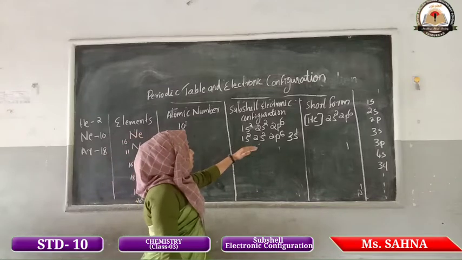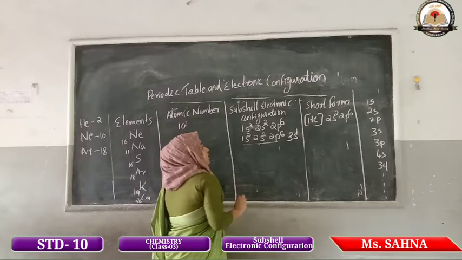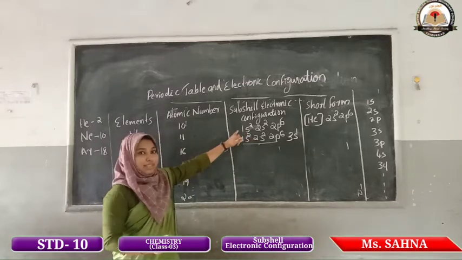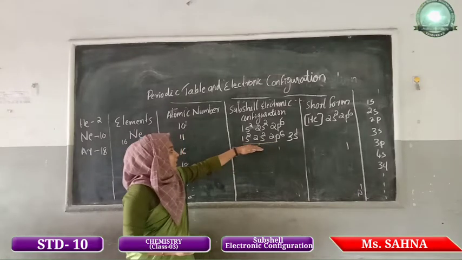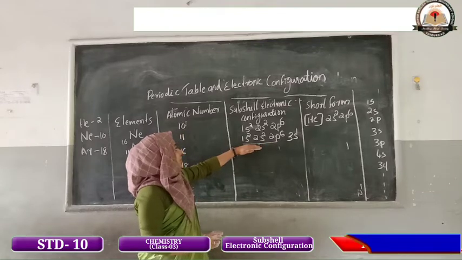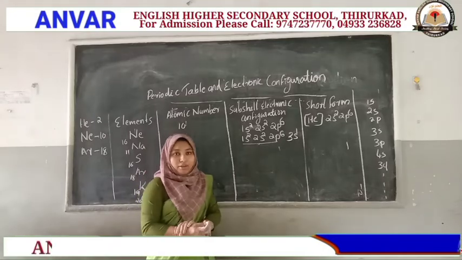Here we know that this is the subshell electronic configuration of neon, correct? 1s2, 2s2, 2p6. 10 electrons are entered in this subshell. These subshell electronic configurations are the same as the neon subshell electronic configuration.